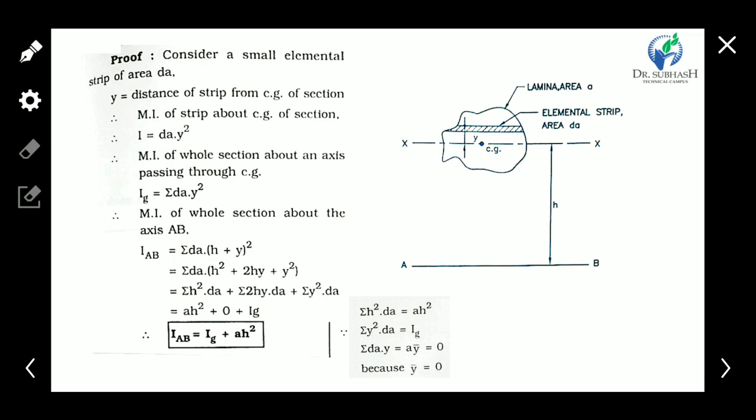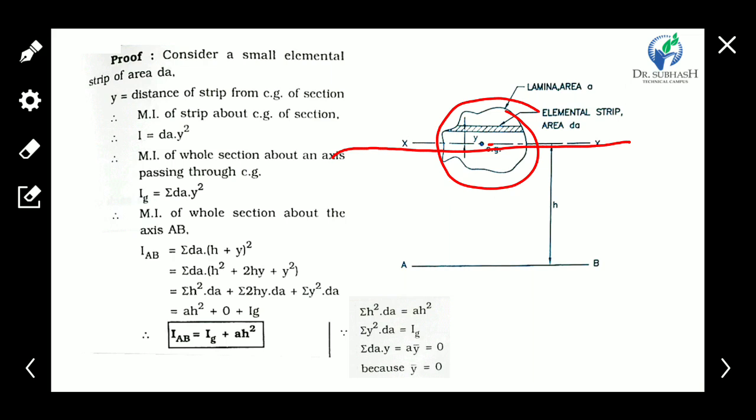Now, the proof. Let's see how to derive this equation of the parallel axis theorem. Let's consider an area as shown in the figure, and we define the CG of this area and draw the x axis passing through the CG.